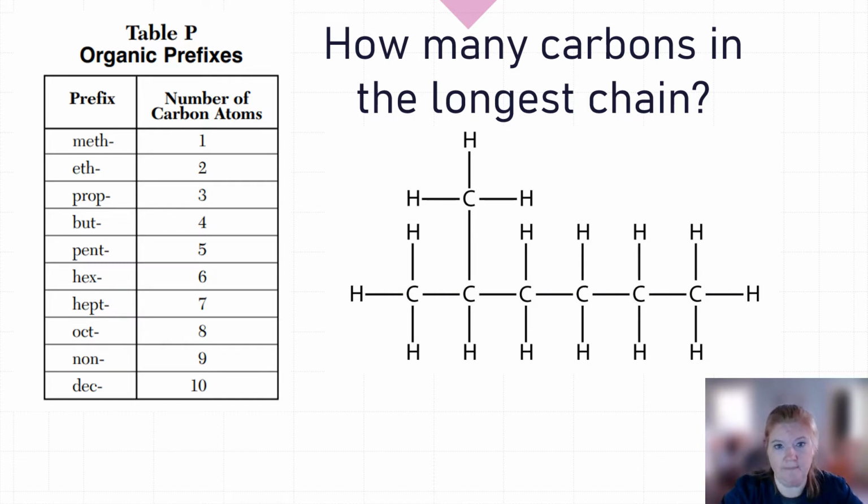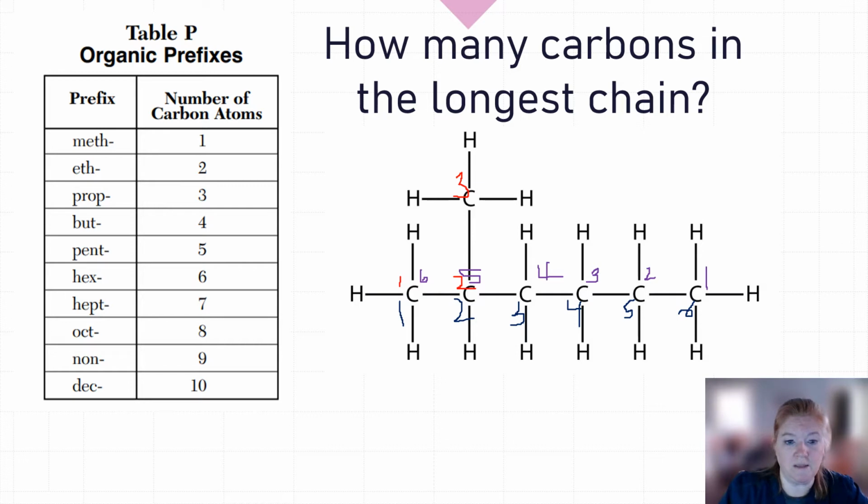Look at this one. Slightly more confusing. How many carbons are in the longest chain? So we have options. We could go 1, 2, 3 and make that be a chain. Or we could go 1, 2, 3, 4, 5, 6 and make that be a chain.